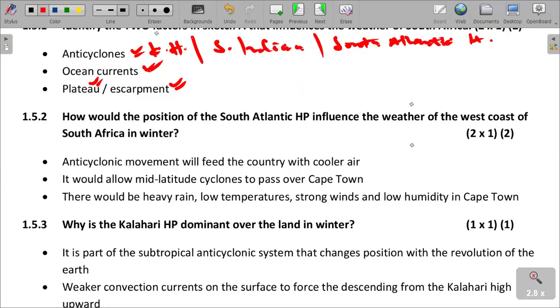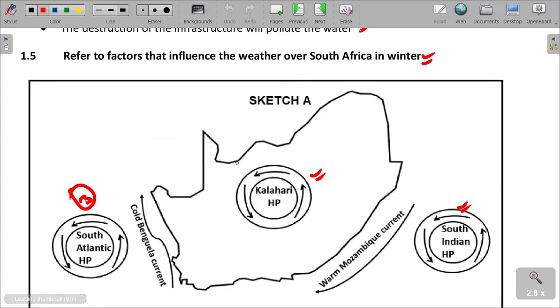And then how would the position of the South Atlantic influence the weather of the west coast of South Africa in winter? South Atlantic, how does it influence the weather on the west coast? If you look at the South Atlantic, you can see the Benguela currents here.